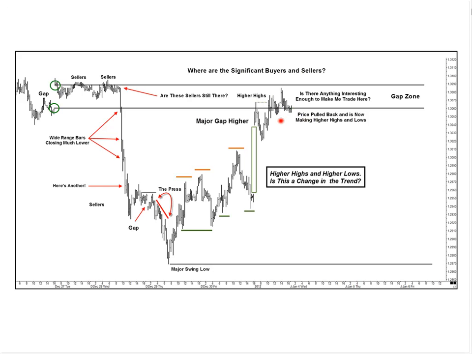There's nobody to lean on. And any minor break is going to bring out the retail, got to sell the new low. Or I got long up here when it took out the double tops. If it takes out these lows, I have to get out of my long. So, pardon my voice. Is there anything interesting enough to make me trade?